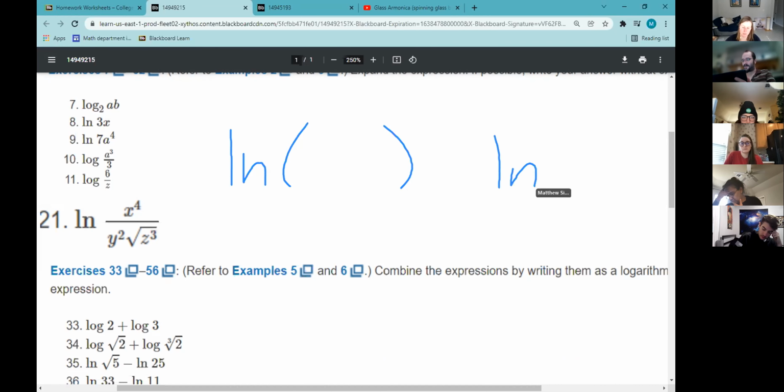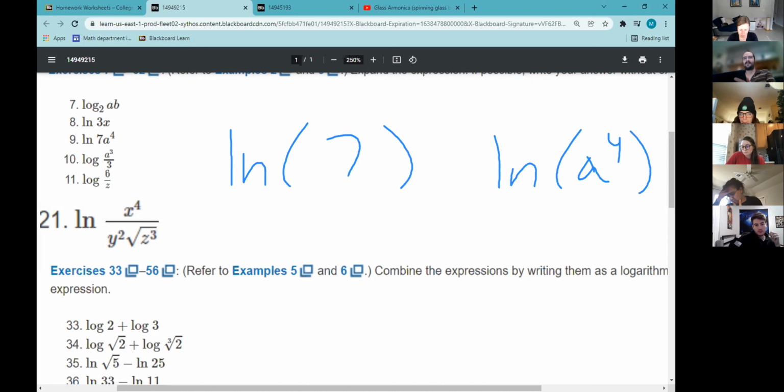what can I do with multiplication on the inside? Oh, you can separate the two numbers that you're multiplying, right? So I'm separating them, and what's the operation between them then? What's the operation between these two logs? Oh, so dividing.